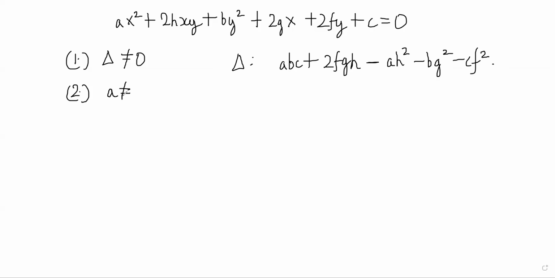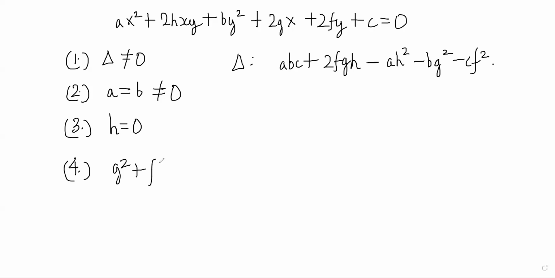Second, a is equal to b and both are not equal to 0. Third, h is equal to 0. And fourth, g square plus f square minus c is greater than or equal to 0 for it to be a real circle, right? So that is the condition for this to be a circle.